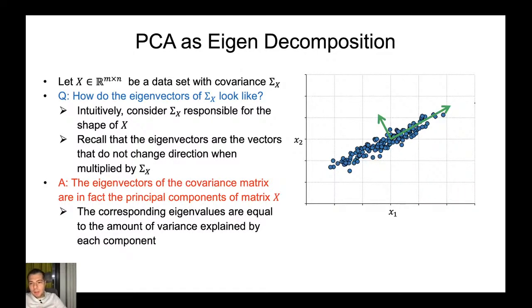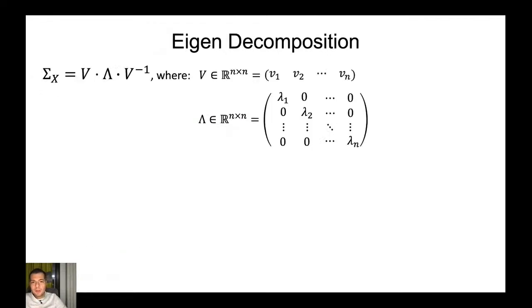And there is actually more than this. The corresponding eigenvalues are equal to the amount of variance that is explained by each component. So how can we compute the principal components or the eigenvectors? We start from the equation used in the definition.